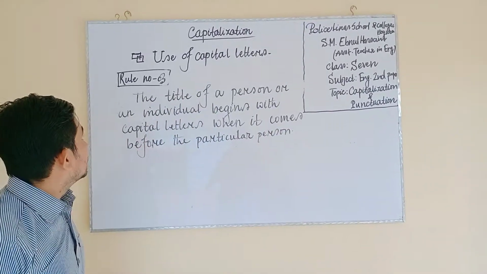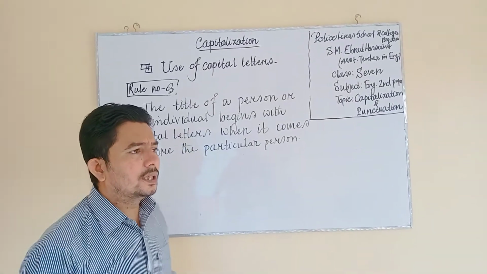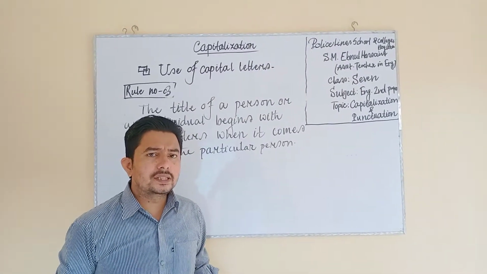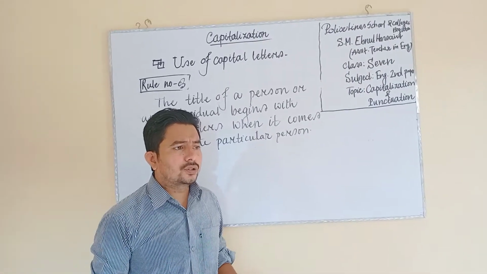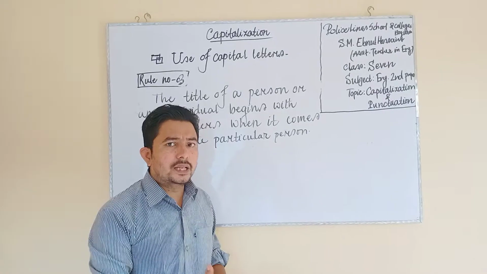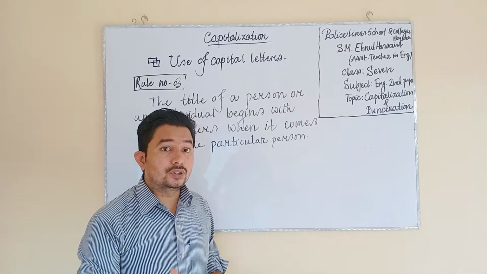So look at the rule number 3, the title of a person. A person may contain different types of title. That means Dr. Shihab. Here the title of Shihab is doctor.